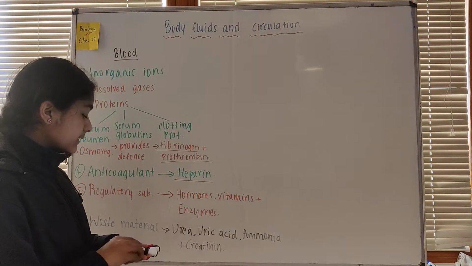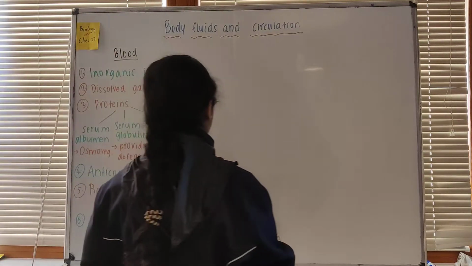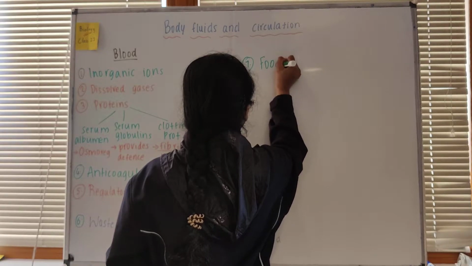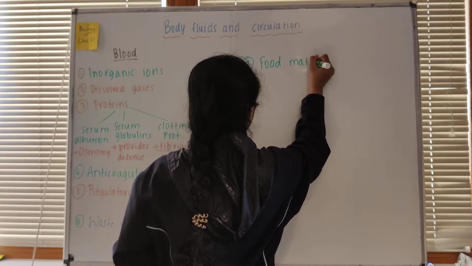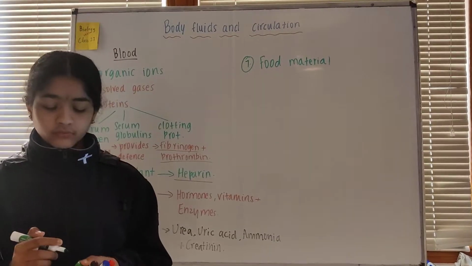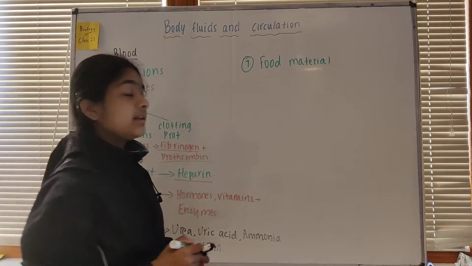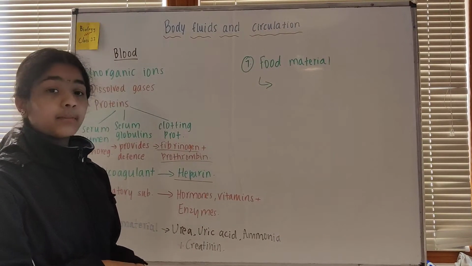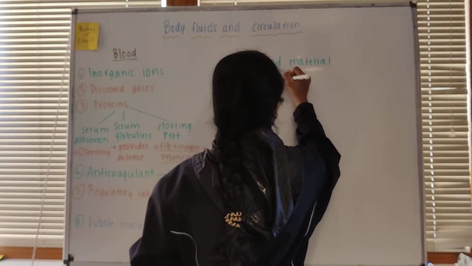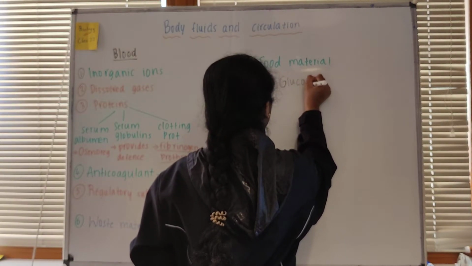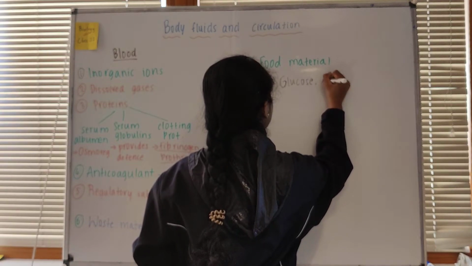We also have food material. These include some biomolecules like glucose, like carbohydrates. We also have amino acids.